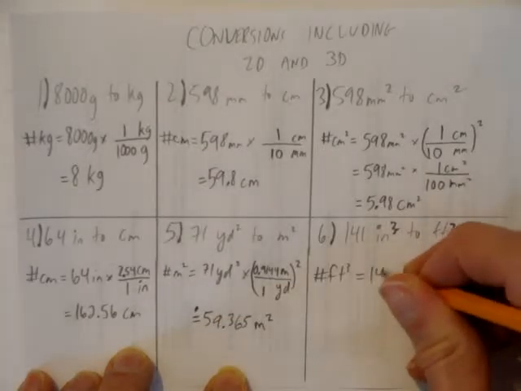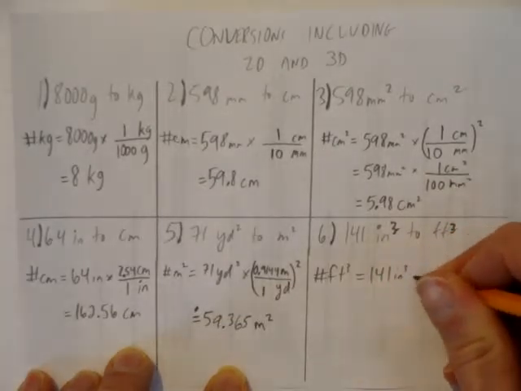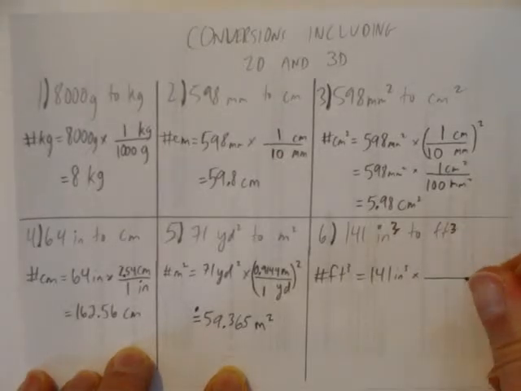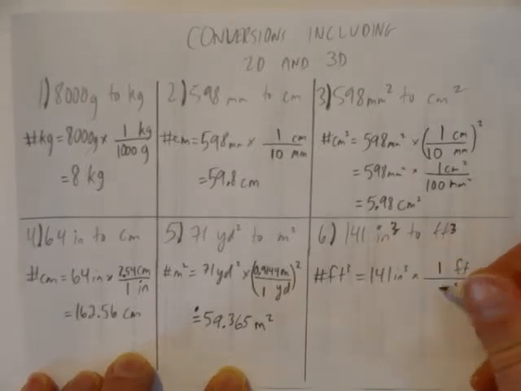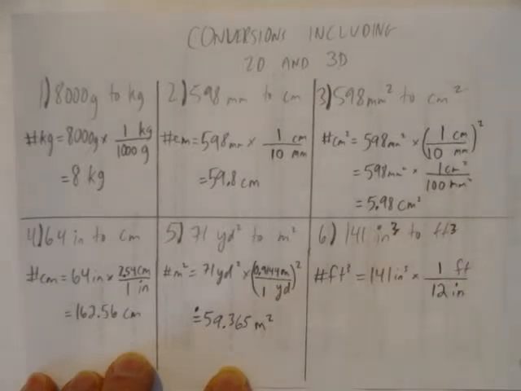So we start with our 141 cubic inches, and we multiply by the conversion for feet on top, because we want to end up with feet, and inches on the bottom, because we want to cancel out those inches. If you know your imperial system, 1 foot has 12 inches, or you can look on your formula sheet: 12 inches in a foot.